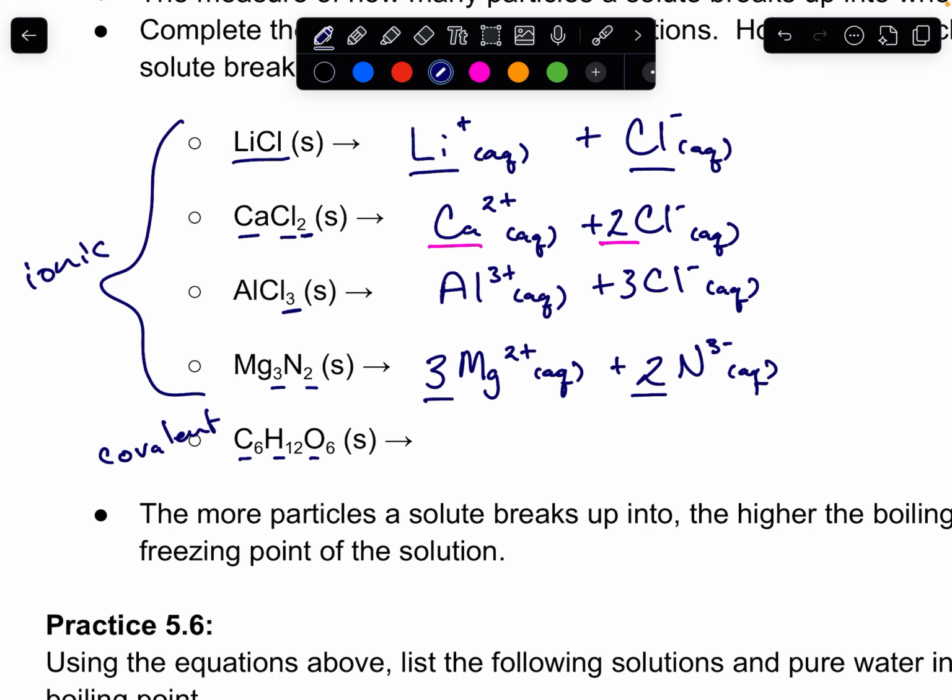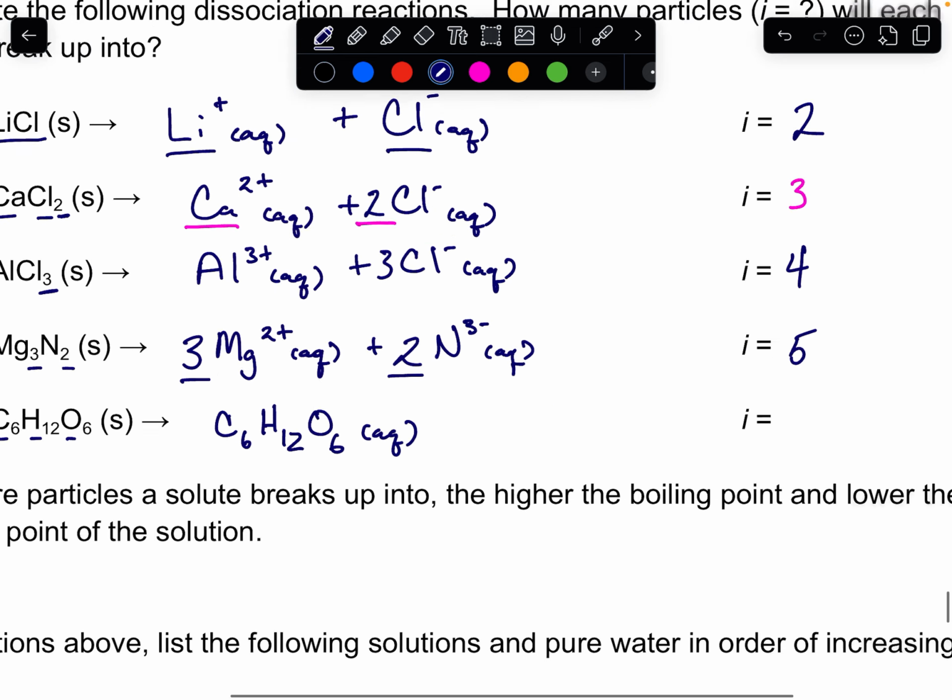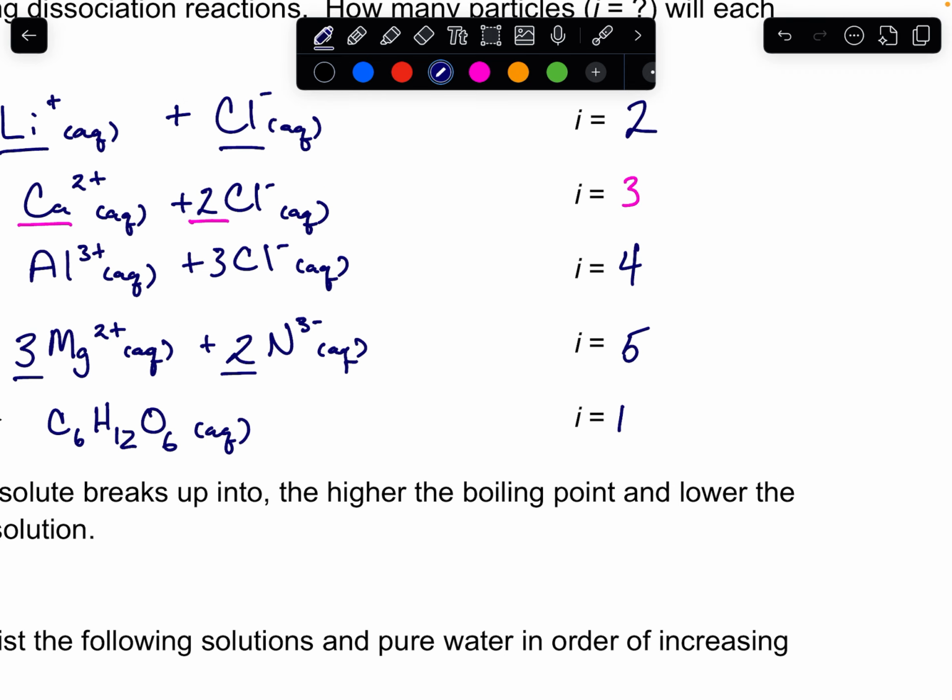Right? If you remember, when we talked about dissociation, ionic substances will break up into their ions. Covalent stays together. So this guy, when it dissolves, it's going to stay C6H12O6. And I'm just going to use that AQ to show that now it's dissolved. Okay, so this guy, it stays together.